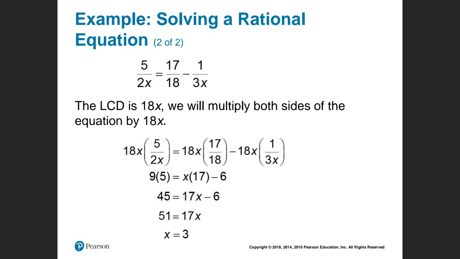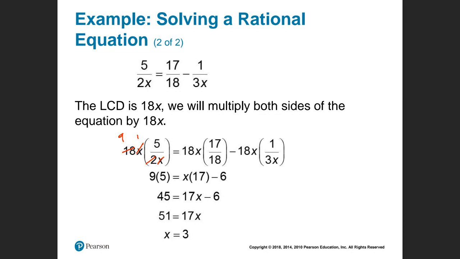Now look again over here. 18 divided by 2 is 9, x divided by x is 1, so we write 9 times 1 is 9, and times 5. So we finish the first one.